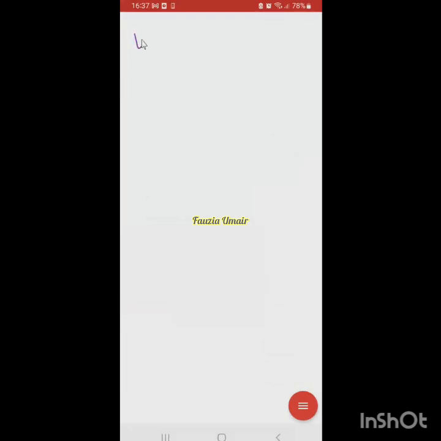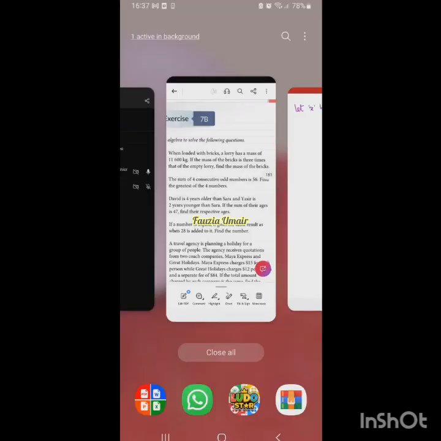So we will assume let X be the mass of bricks. This assumption we have to write in every question. Whatever we need to find, we assume it. Let X be the mass of the bricks.